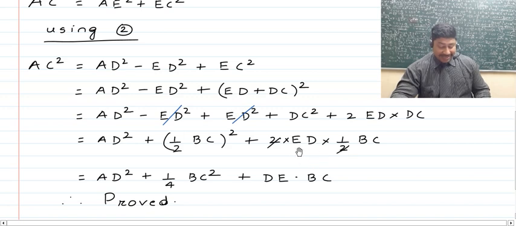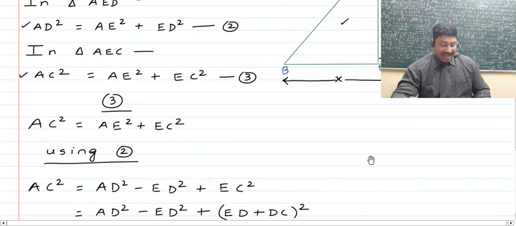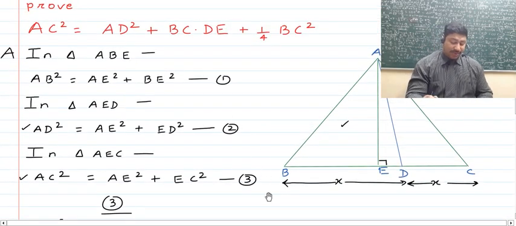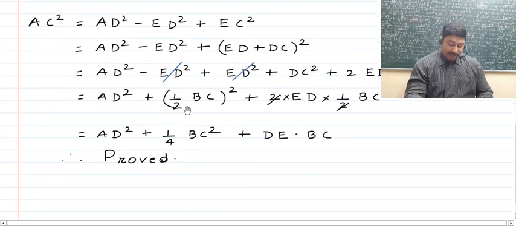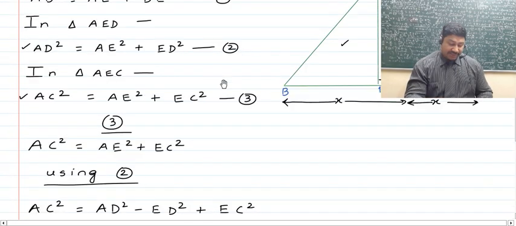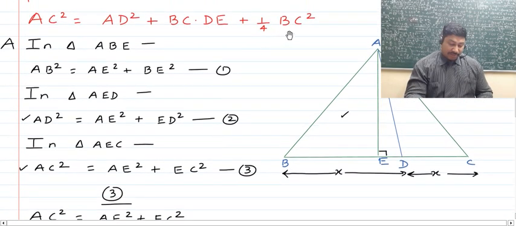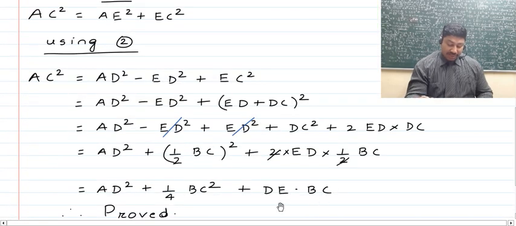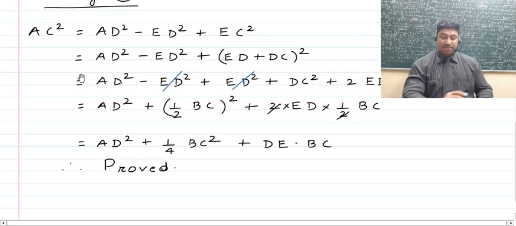Now remember, ED is the same as DE, so we write it as plus DE into BC, and if we check, all that we have is what we require, that is AD square plus 1 by 4 BC square plus BC dot DE, and therefore, children, this stands proved.